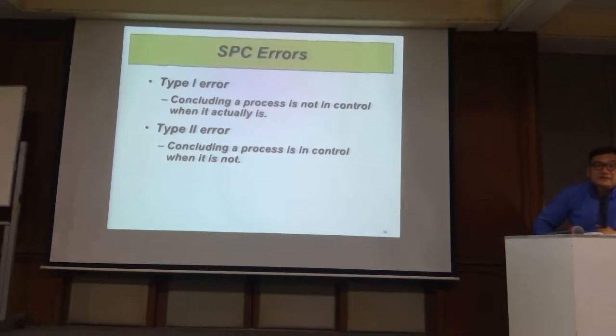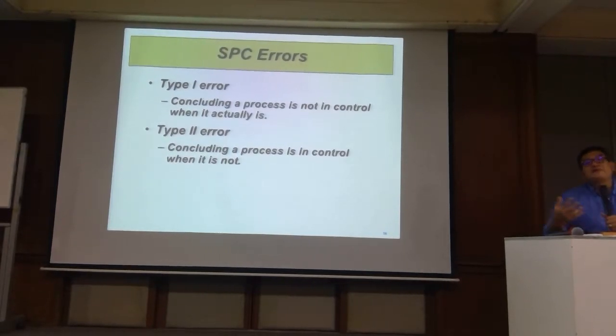Because actually you have a good result, but you conclude it is bad, so you don't use it, right? So you waste it. So it's the producer risk. But for type 2 error, actually the process is out of control, right? The output is not good, but you conclude it is good. So then you deliver the output to the consumer. So it's called the consumer risk.